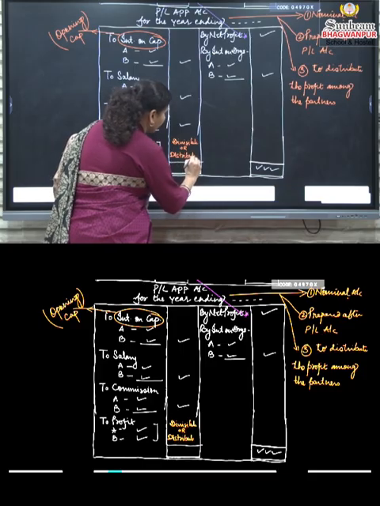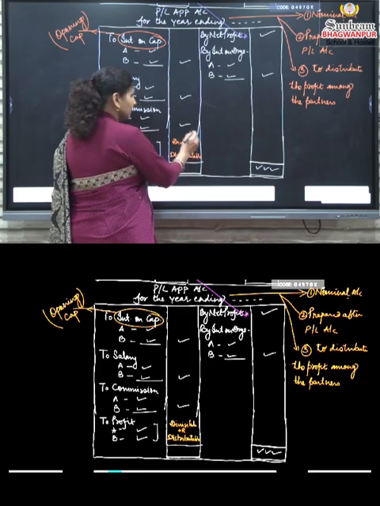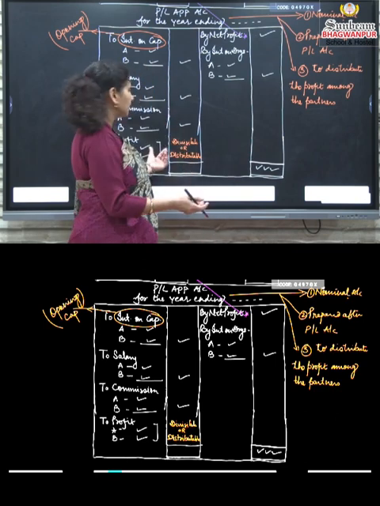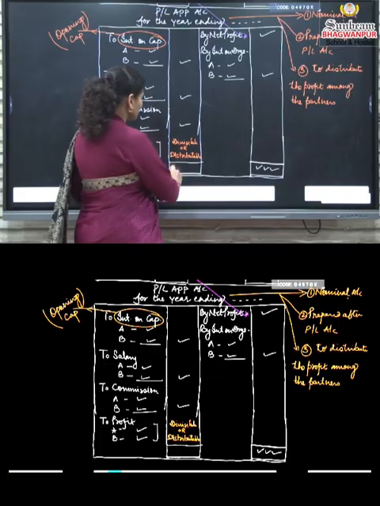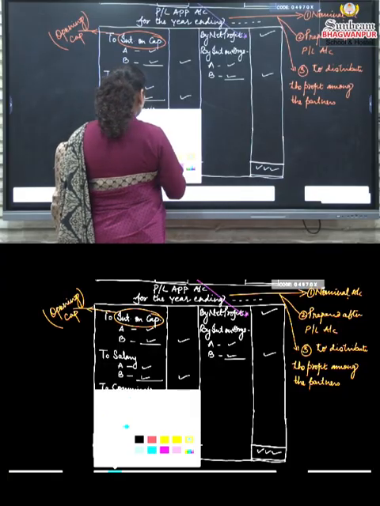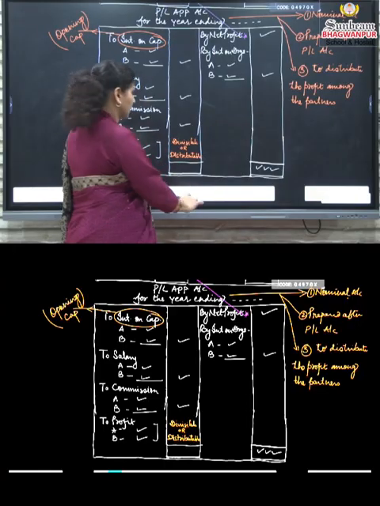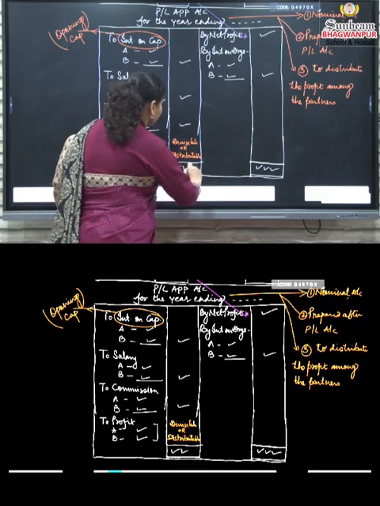So, any name can be given. Divisible profit is very common, which we generally use when we study, right. And now we will have the complete PL appropriation account, okay.